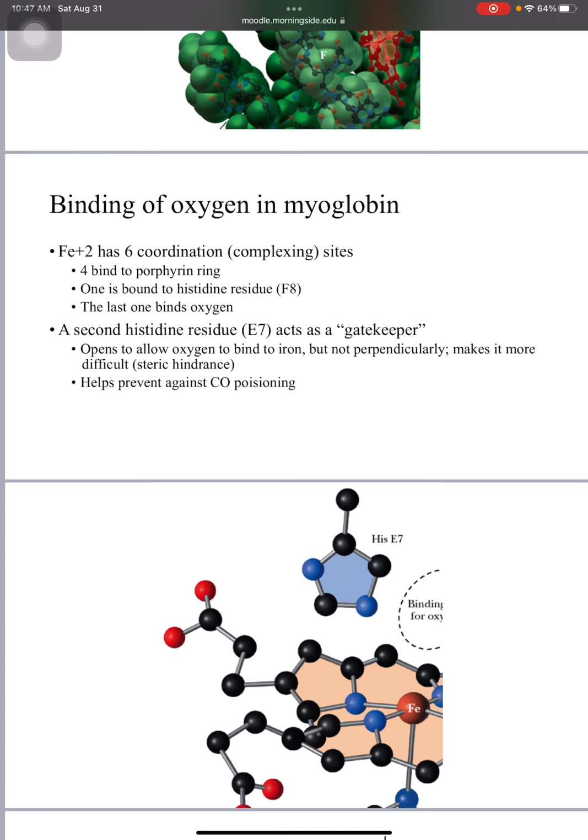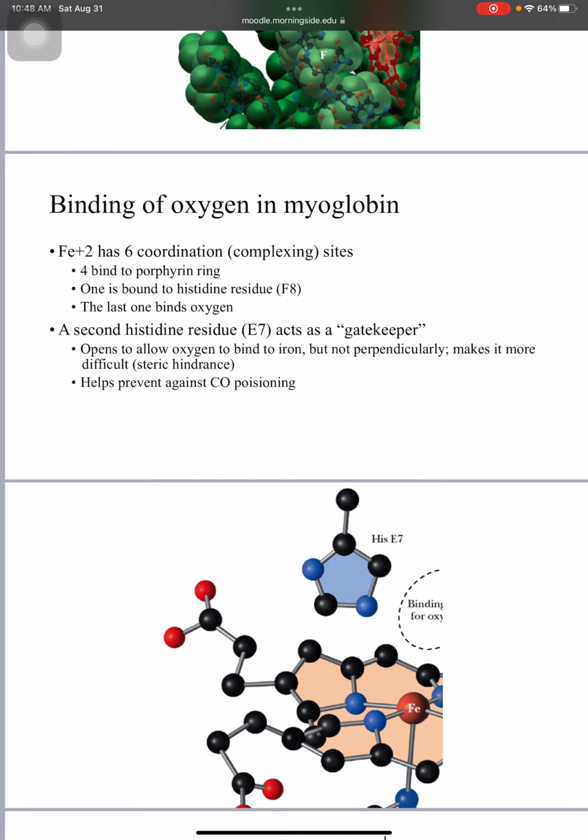One thing that's kind of interesting, though, is that due to the folding, there's another histidine that just hangs above this heme group. It's not connected to it, but just hangs above. It's histidine E7, a histidine found on helix E at position number 7. And this histidine is actually very, very important. It acts as what we call a gatekeeper.